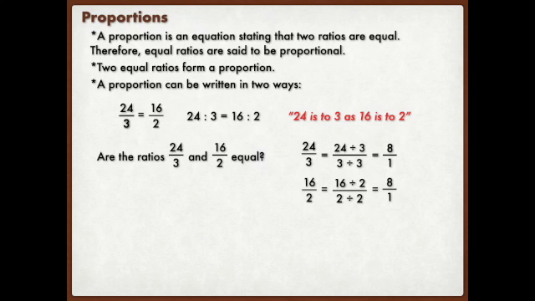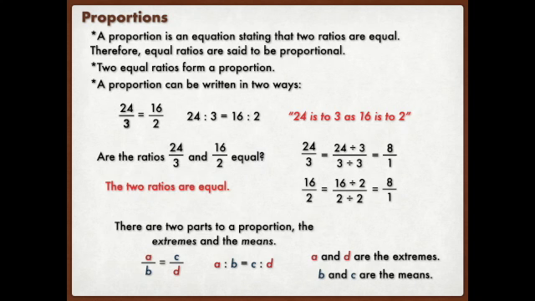I'm not going to be doing the same greatest common factor for both fractions, but I'm going to try and simplify 24 over 3, and I get 8 over 1 because the greatest common factor for the numerator and denominator was 3, to get 8 and 1. Now, 16 over 2, the greatest common factor is 2. So I can divide that also and get 8 over 1. So yes, the two ratios are equal.